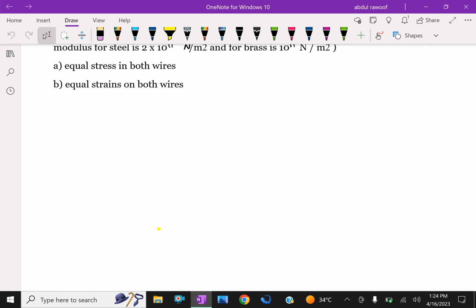Here, for equal stresses, we know that F1 by A1 is equal F2 by A2.